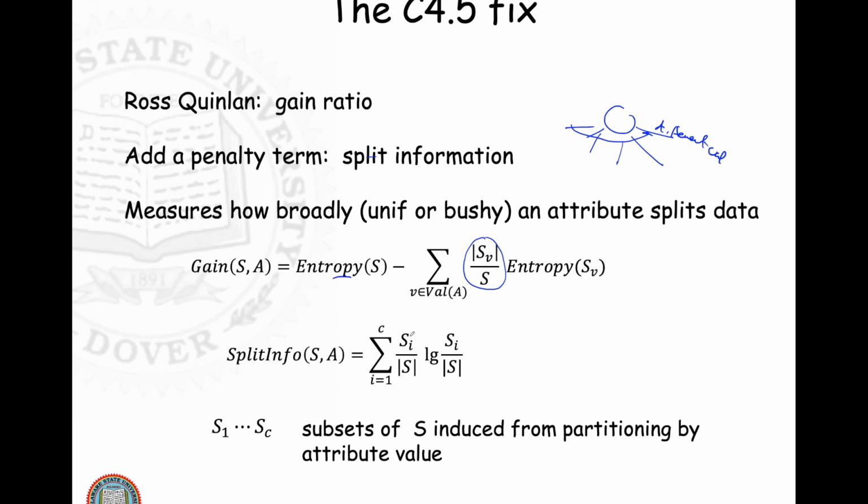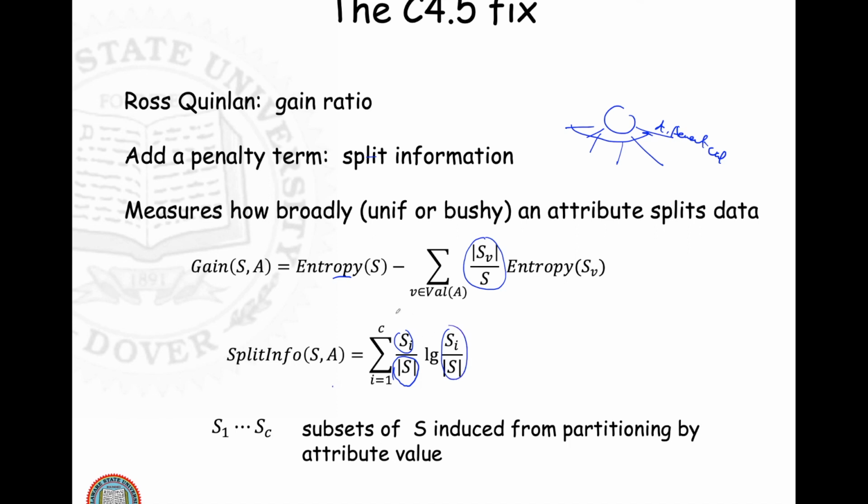Here S_i is the subset induced by partitioning on a certain attribute value, and that's the relative size of the subset relative to the size of the original set before partitioning, times the log of that probability.